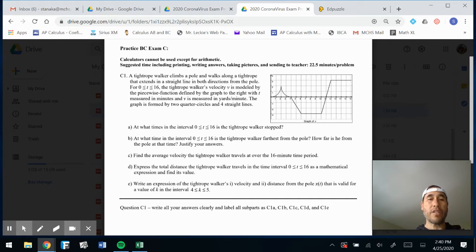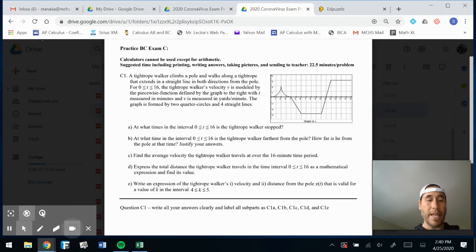That's what we want to do this week. About 22.5 minutes to print it out, write out the answers, take a picture, and submit it to me. That's what I want you guys to do, just to get used to the process, okay? So you're going to hit pause, do this stuff, and then let's see how you did.